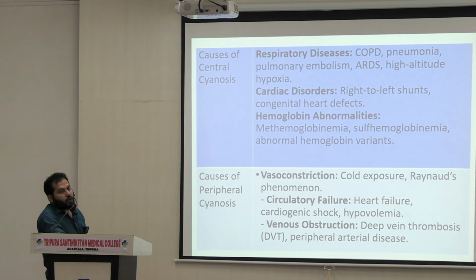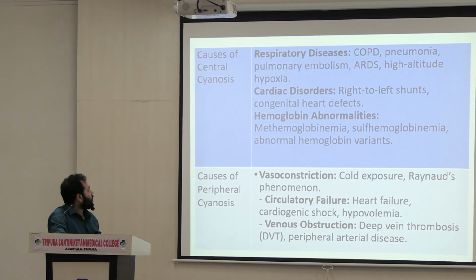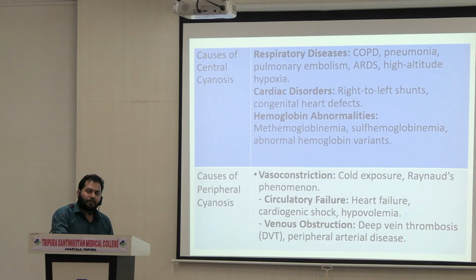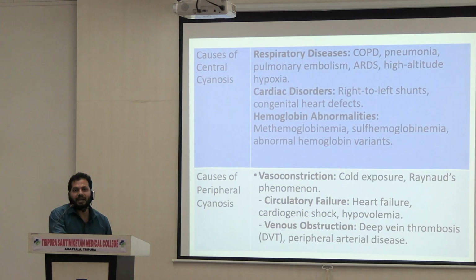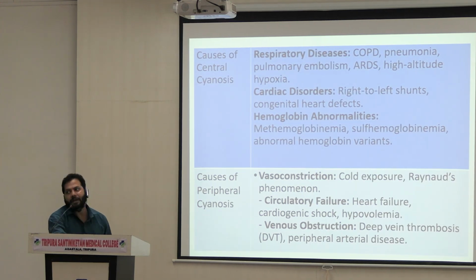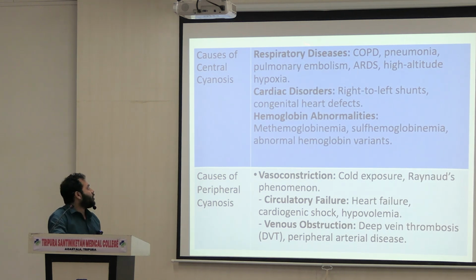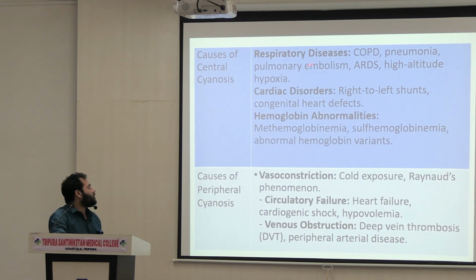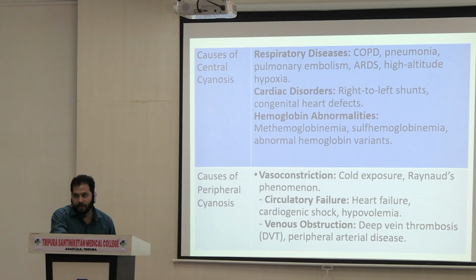Now, what are the most important causes of both central and peripheral cyanosis? If you see the disorders, some are respiratory disorders, some are cardiac disorders, and some are abnormalities in hemoglobin structure.